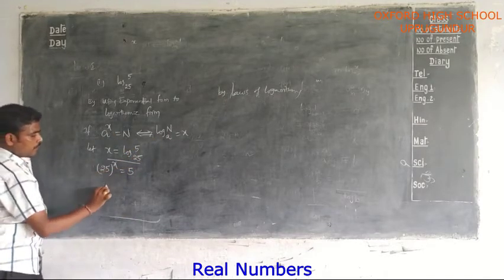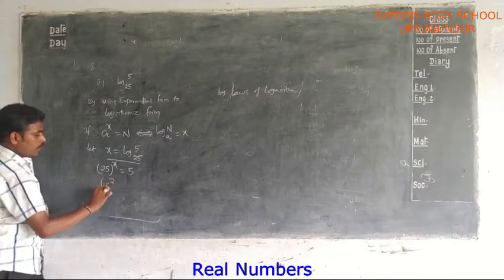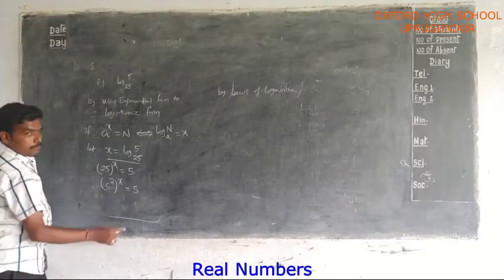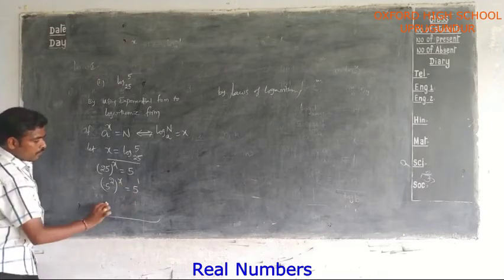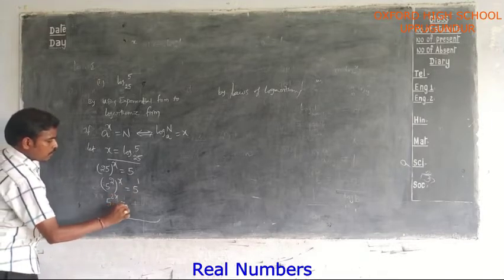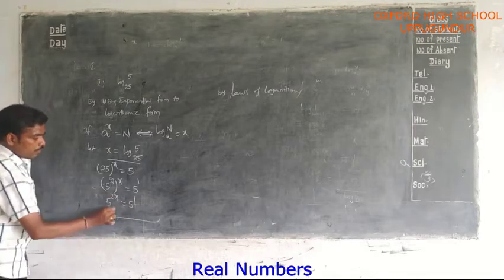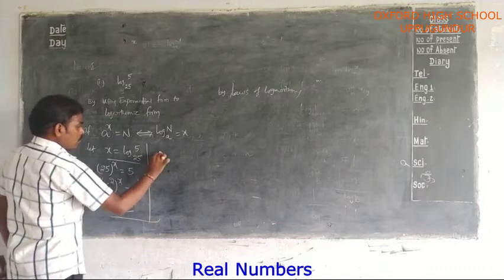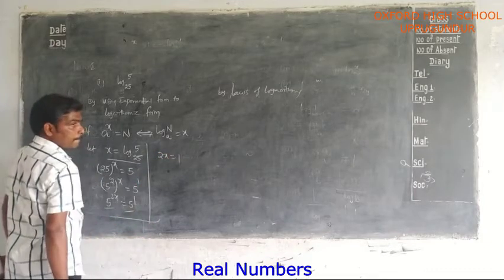Now 25 you can write as 5 square whole power x equal to 5. For this 5 there is no power, means what is the power? 1. So 5 power 2x equal to 5 power 1. Now bases are equal, you have to equate the powers. So 2x equal to 1.